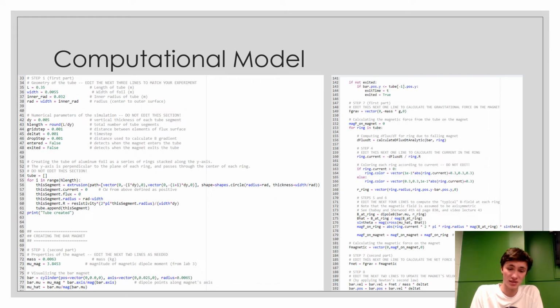And it then uses this to calculate how much the net force that the flux applies on the magnet causes it to slow down, and then uses that change in speed, or that acceleration or deceleration, to estimate how long that the magnet stays in the tube.